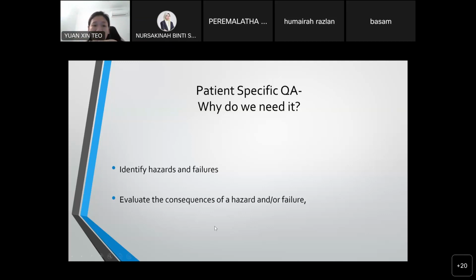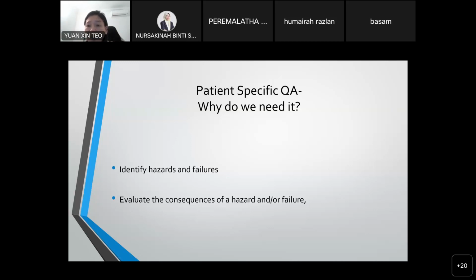So for this patient specific QA, we will need to identify the hazards and the failures, and evaluate the consequences. After you deliver the 100 segments during this pre-treatment QA, if you find your plan fails, it will give you a result.